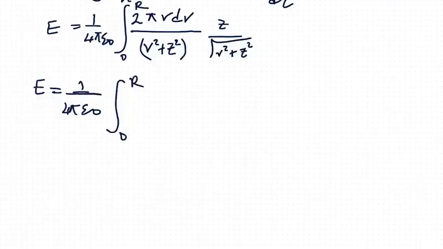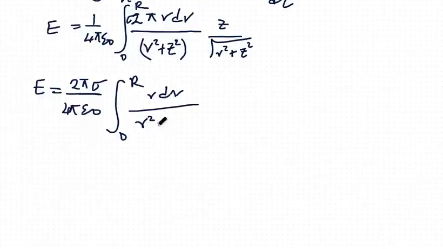Let's take out some constants: 2 pi sigma, and there should be sigma here. r dr divided by r squared plus z squared to the power 3 divided by 2, and this z should go out as well.